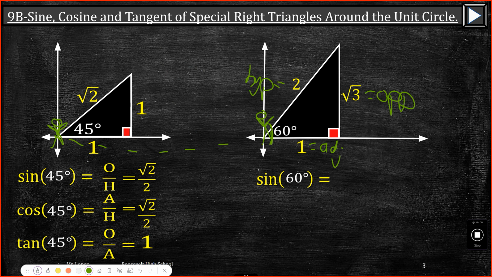So what is sine of 60 degrees? Sine of 60 is root 3 over 2. Cosine of 60. What's cosine of 60? 1 over 2.